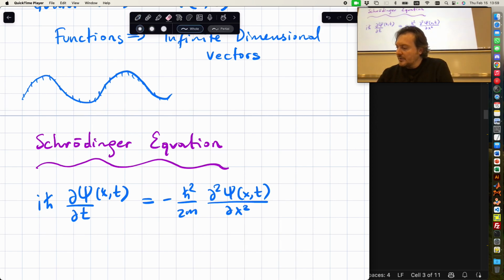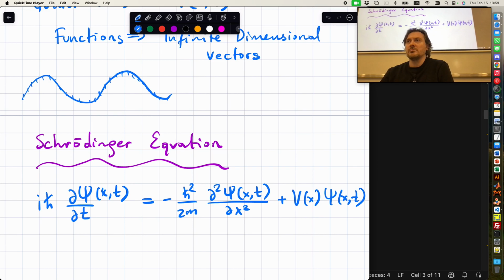And it also has this source part, the potential part, which is also not so new if you think of the diffusion equation. You also have source terms in the diffusion. What is different is i, and I forgot to mention, this is also a good point to mention it: psi of x,t is a complex valued function.